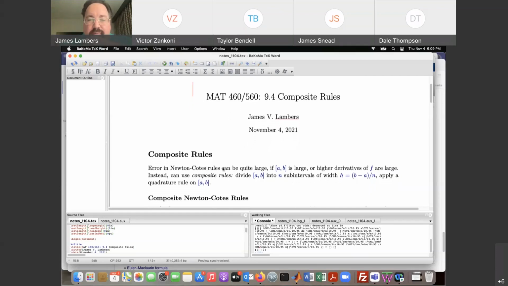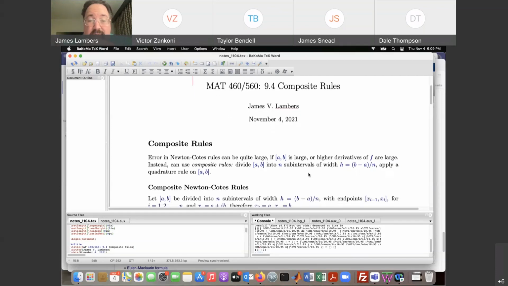The error is always proportional to some power of b minus a. So if AB is large, that can get large. And there's also a higher order derivative of f involved, which can also get large. But if the interval you're using a Newton-Cotes rule on is small, then you have a power of some small value that will keep the error small.